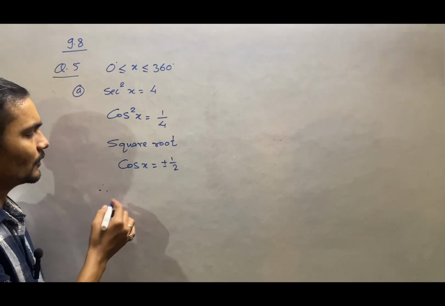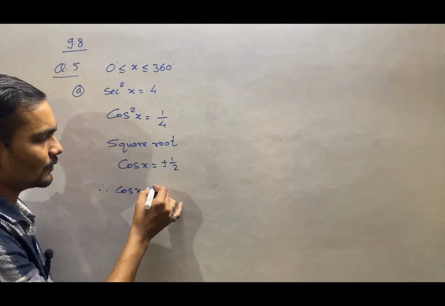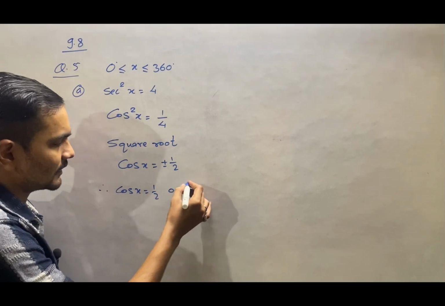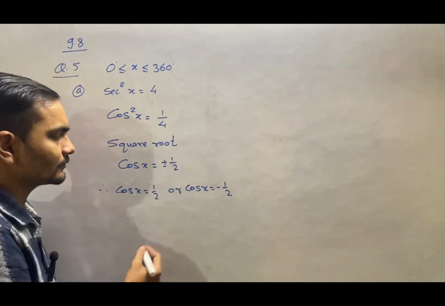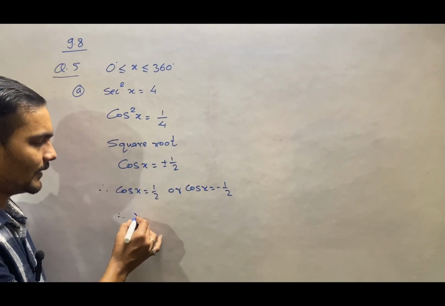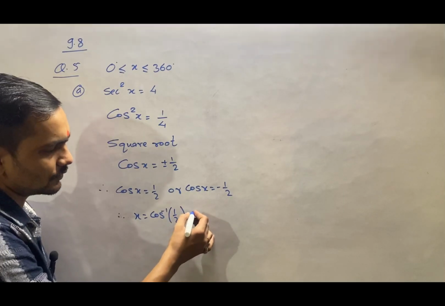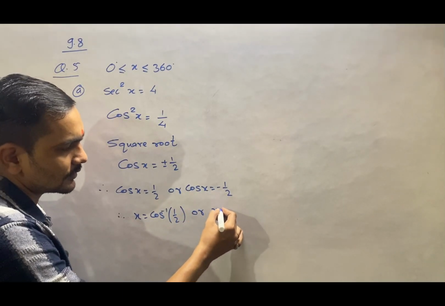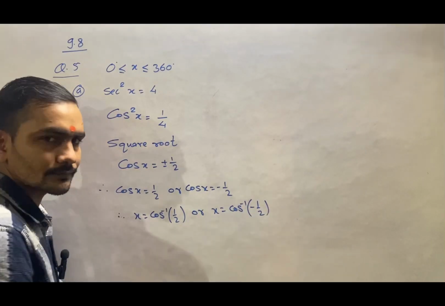So now we take cos of x equals 1 over 2, or the second, cos of x equals negative 1 over 2. So x will be cos inverse of 1 over 2, or cos inverse of negative 1 over 2.